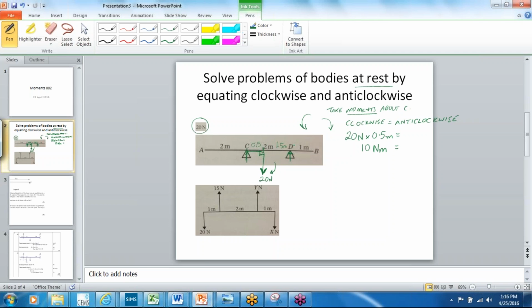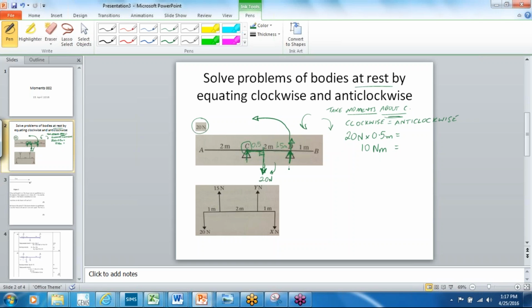Anti-clockwise about C is this force here acting on this point at D, and that is a distance of 2 meters from C. Remember, we're taking moments about C. So it's how far is that force away from the point C. This force was 0.5, but this force is 2.